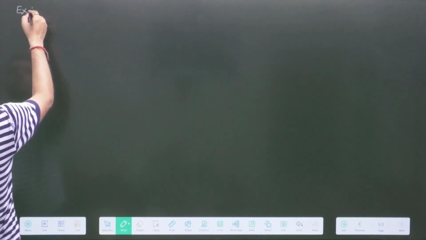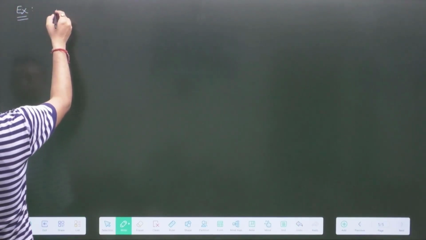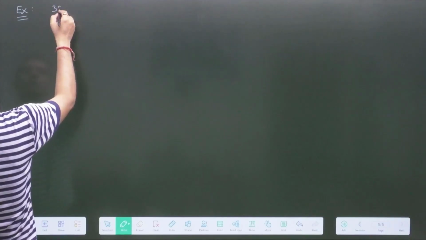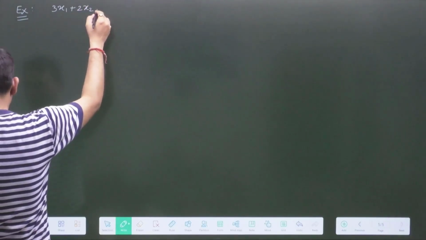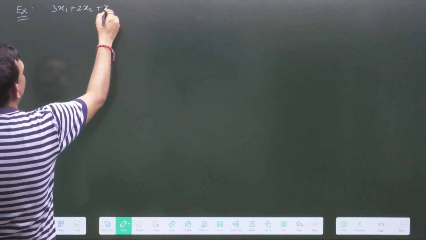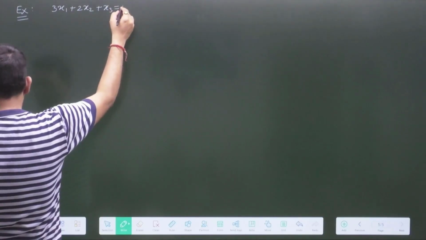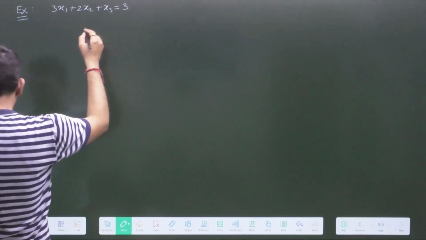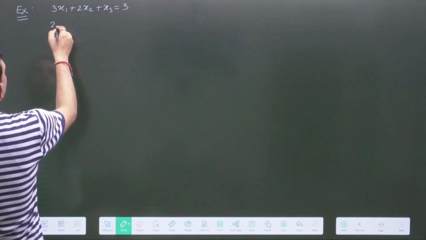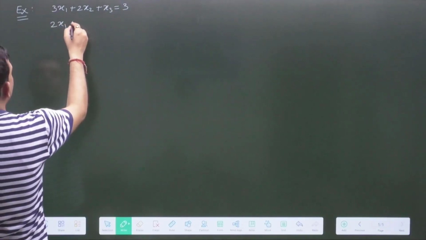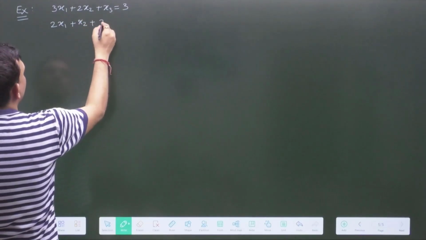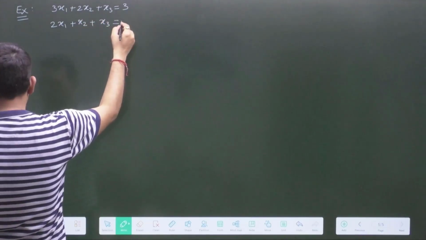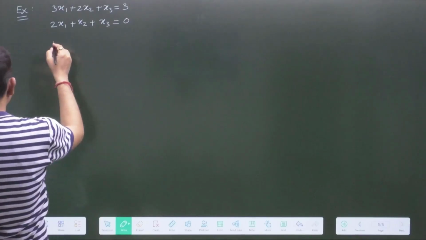So here you have 3x1 plus 2x2 plus x3 is equal to 3. You have 2x1 plus x2 plus x3, and that is 0.